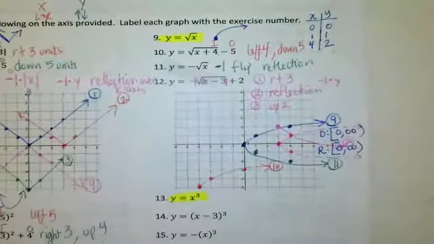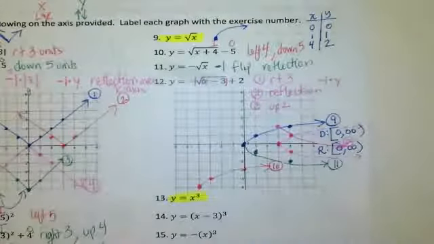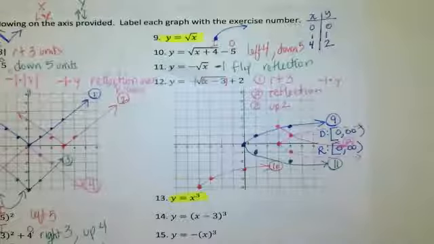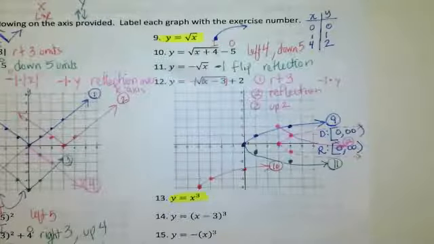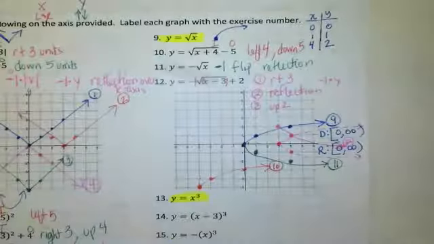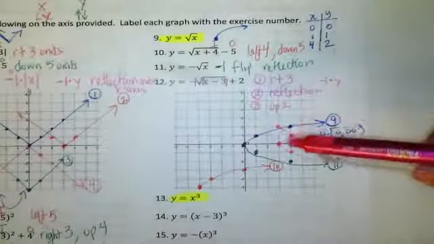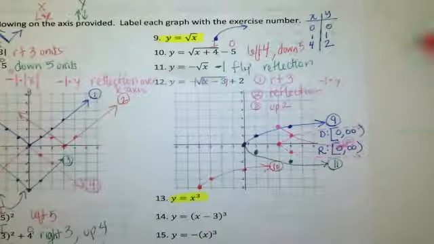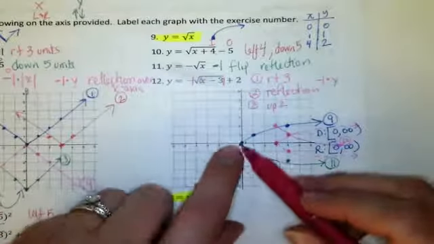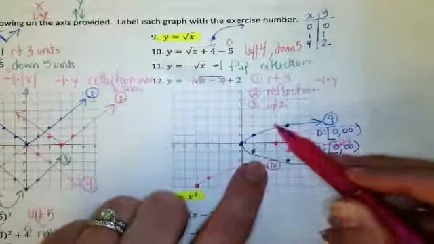Did you do the reflection first? No. Okay, so then you actually executed it incorrectly. If you shifted the blue graph first, right 3 and up 2, you'd have the same point.